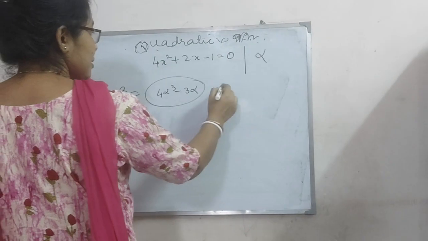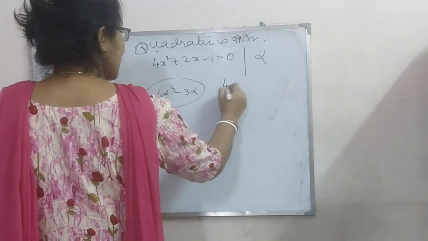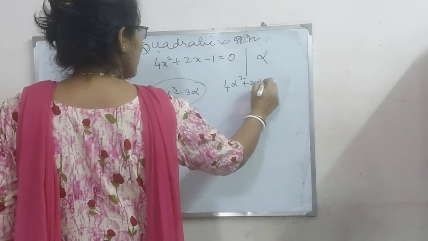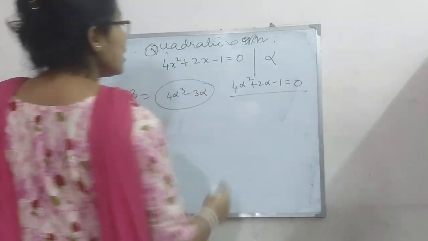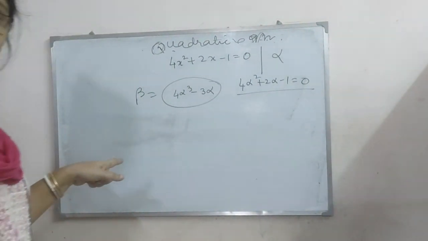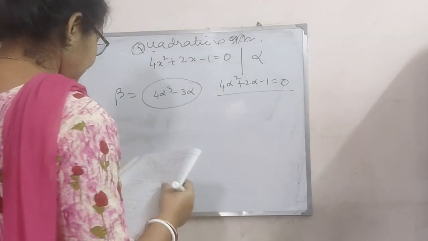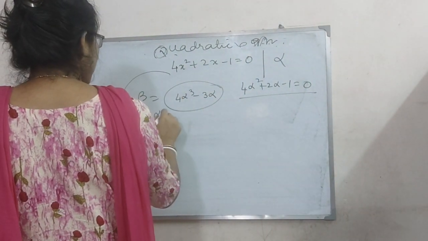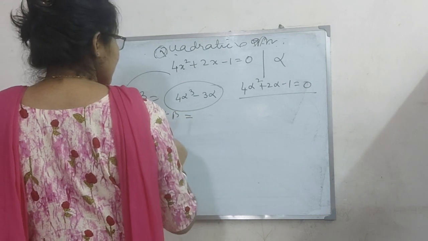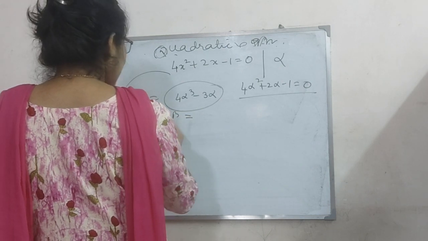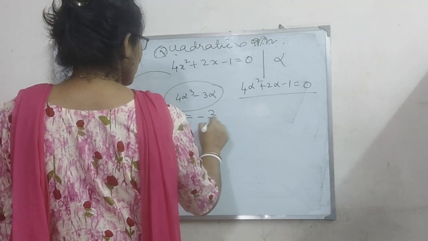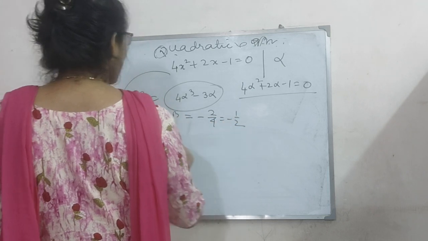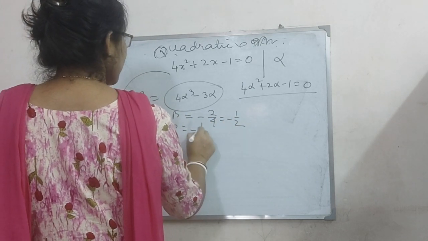If alpha is a root of this equation, that means 4 alpha square plus 2 alpha minus 1 equal to 0, that is, alpha satisfies the equation. And from here alpha plus beta equal to minus 2 by 4, that means minus half, and alpha beta equal to minus 1 by 4.